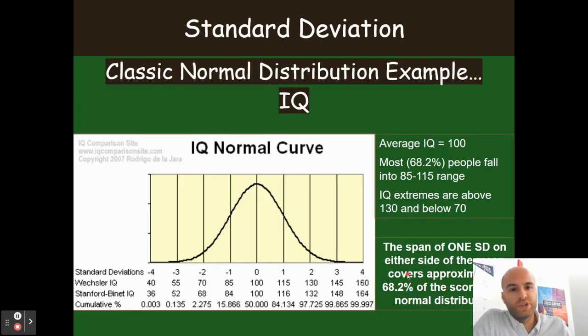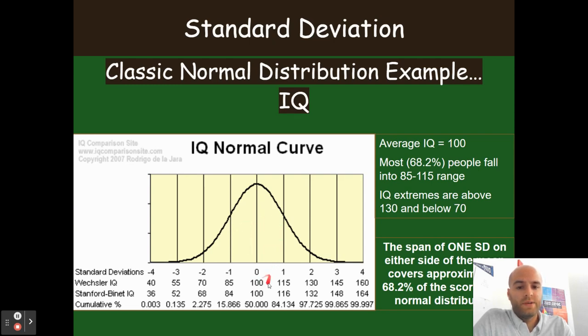So a classic normal distribution example is IQ scores. Okay? The average IQ score in America is 100. Okay? Most people fall within one standard deviation of the average. So they're in here on this side or here, 68%, right?